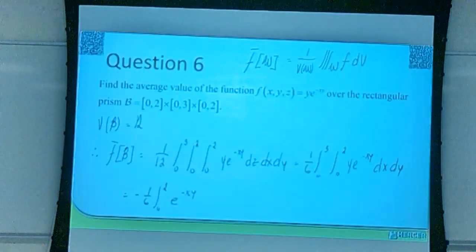Then it's e to the negative xy evaluated, not y, x, from 0 to 2. We're going to switch the order so I can get rid of that negative out in front. E to the 0 is 1.